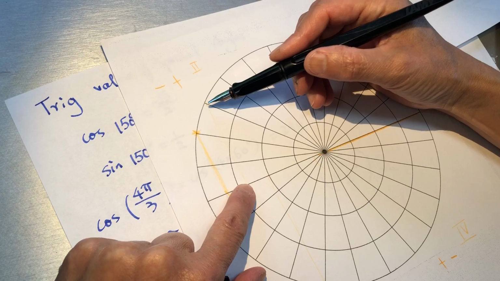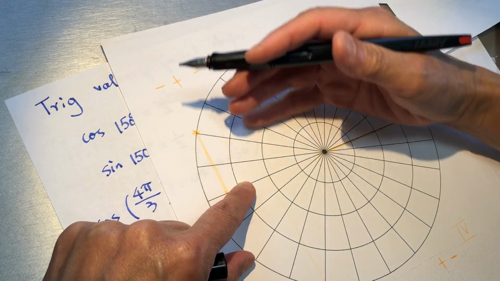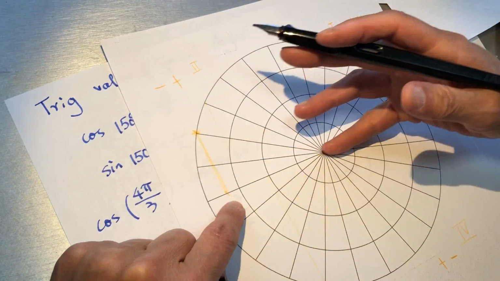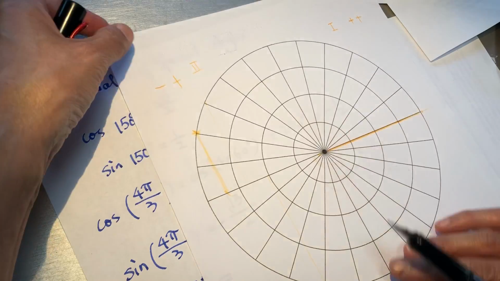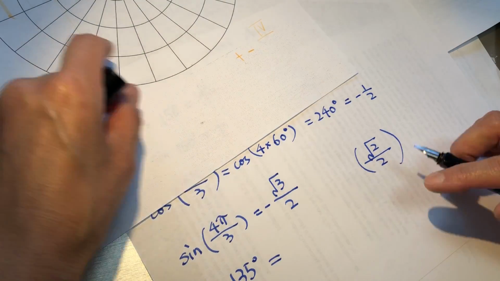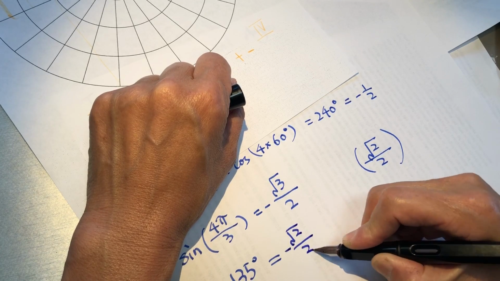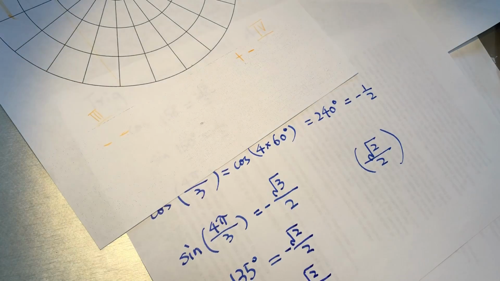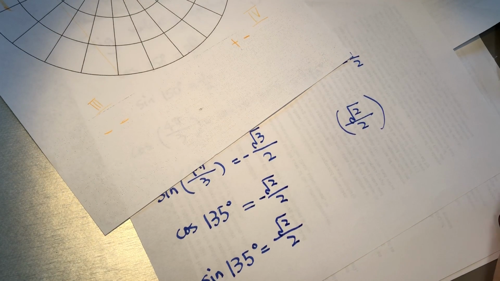The sine is y value. On top, above the horizontal axis, so it's positive. So sine is positive, cosine is negative. Negative root 2 over 2, positive root 2 over 2. And that is the answer.